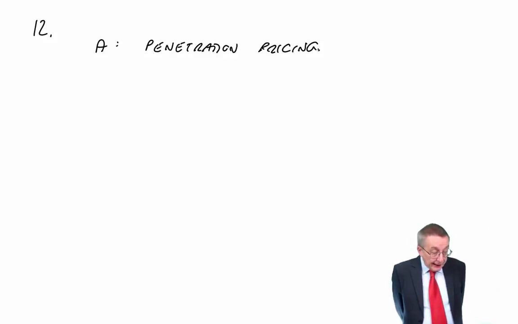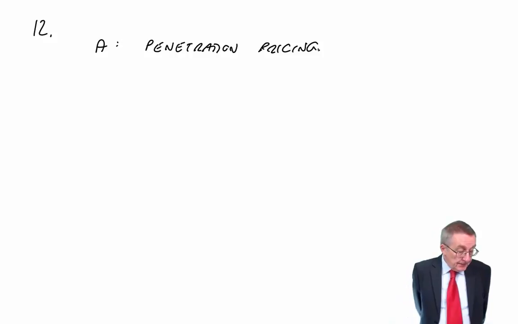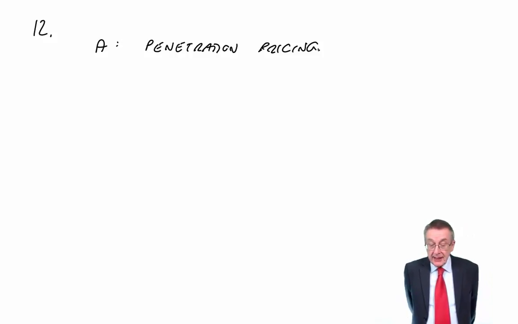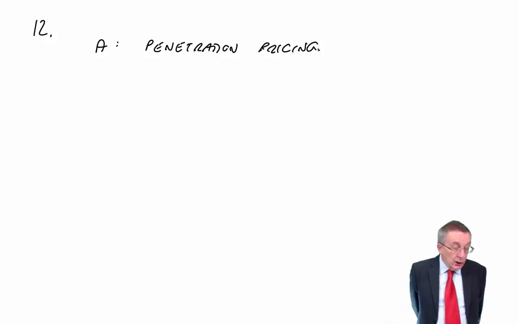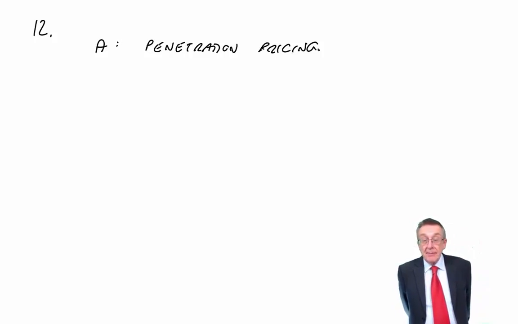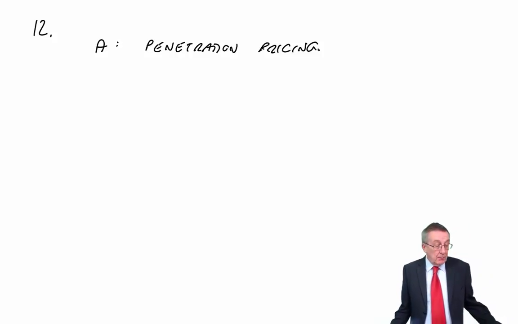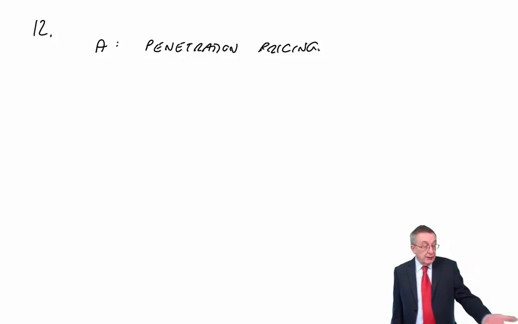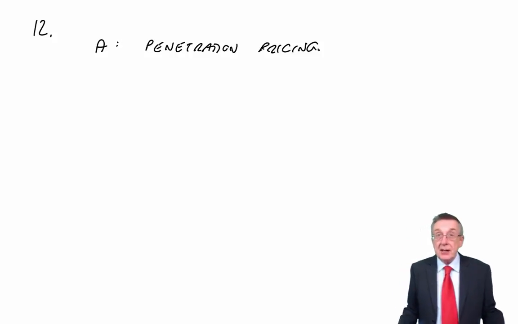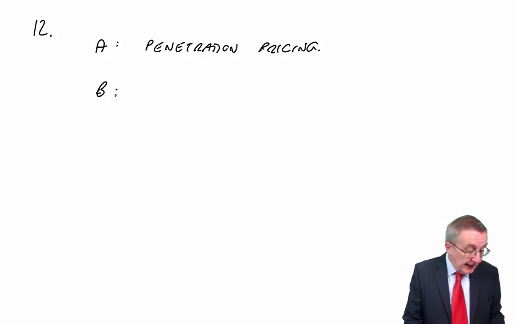And in fact, although I'll read about market B, look at the choices of answers. We already know the answer has to be A, because it's the only one that has penetration pricing in market A. So if you're confident of that, because if you've read it, you should know it can't possibly be price discrimination and price skimming, you could save a few seconds of time, and every second matters. However, I will read market B.